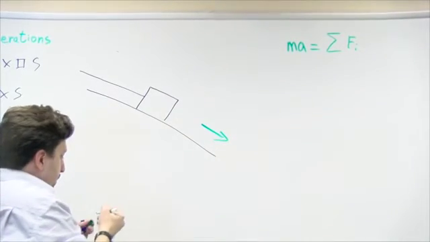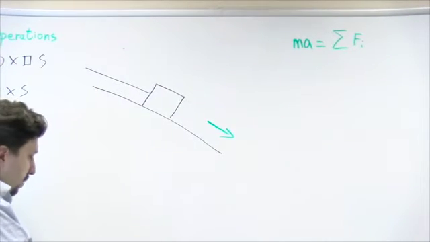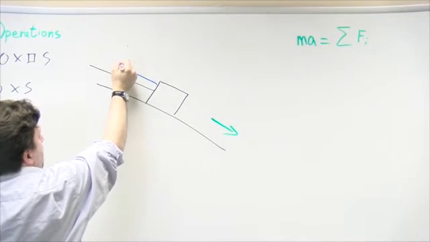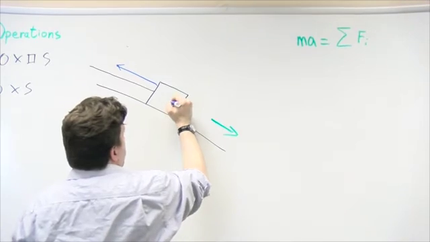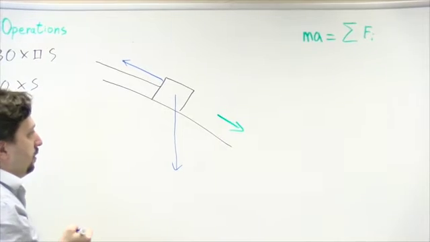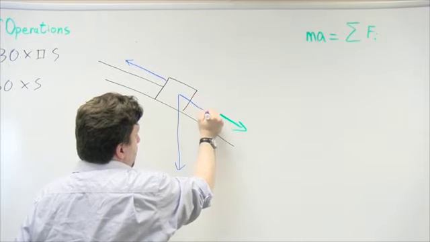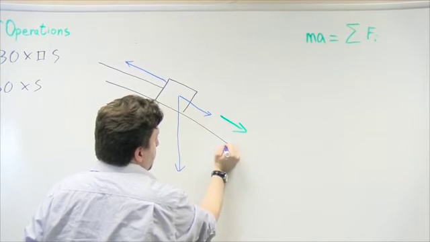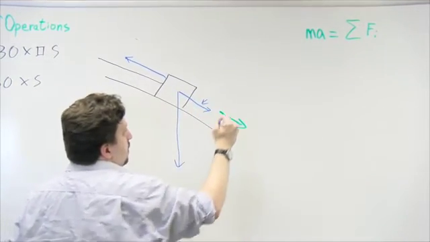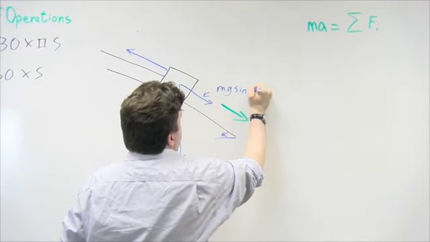And so for a problem like this, if you were going to work it and you were going to try to find your acceleration, you'd have to identify all the forces on that object. And so in this case, we've got this string that's attached to our block, and that's applying force in that direction. We've got gravity, which is going down. But what we really care about for this problem is going to be the component of gravity in this direction. So that angle is theta, and then this force is going to be mg sine theta.